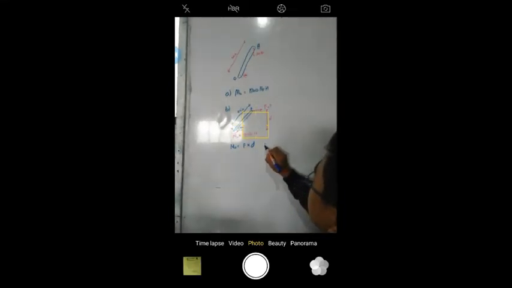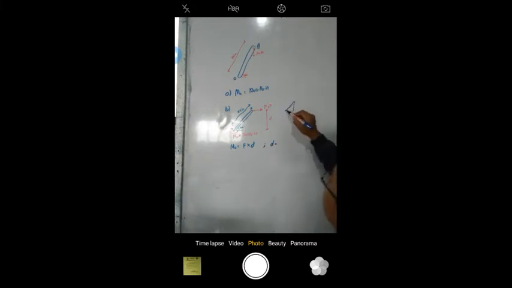D is equal to, as I said earlier, SOH CAH TOA. Here is D, here is the 24 inches, and here is the 60 degrees. So sine of 60 equals opposite over hypotenuse, D over 24. So the value here is 24 sine 60.